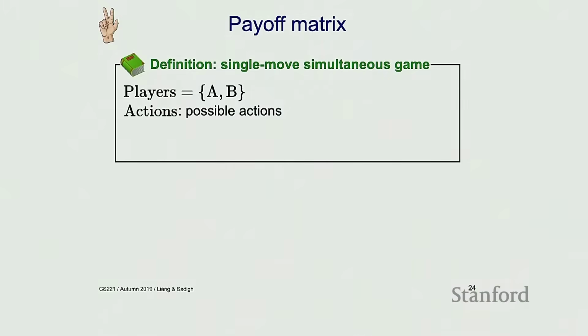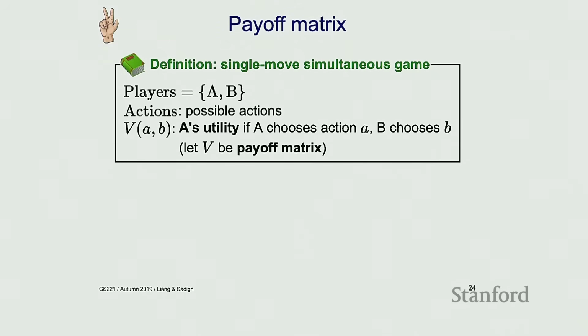Let's formalize this. We have player A and player B. We have these possible actions of showing 1 or 2. And we're going to use this payoff matrix, which represents A's utility if A chooses action a and B chooses action b.